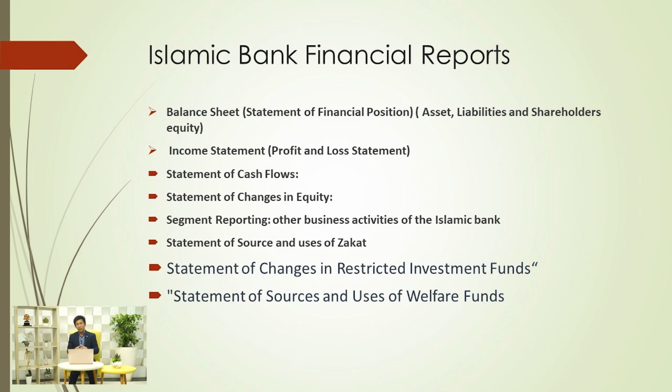But in Islamic banks, they have zakat, or sometimes they have sources from zakat, so they should report this in their financial reporting: the statement of sources and how they utilize the zakat. In conventional banks, we cannot find this report. This is only for Islamic banking financial reports.